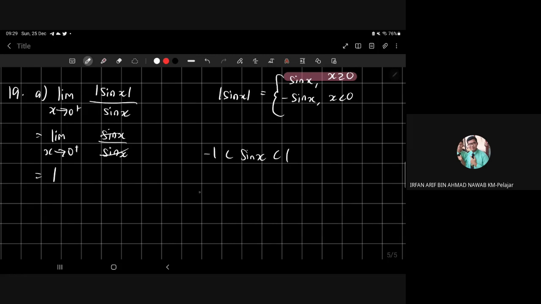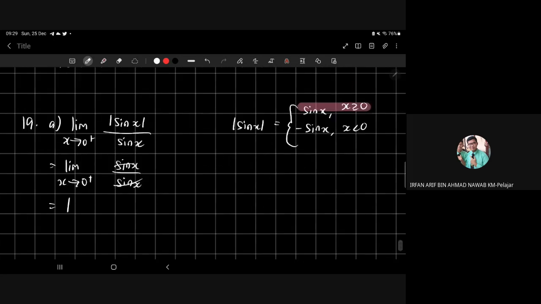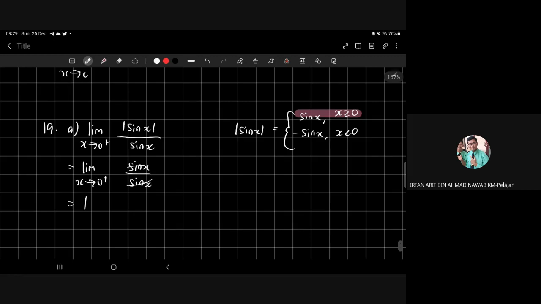As for now we use this. We create our piecewise function, then we evaluate from there.